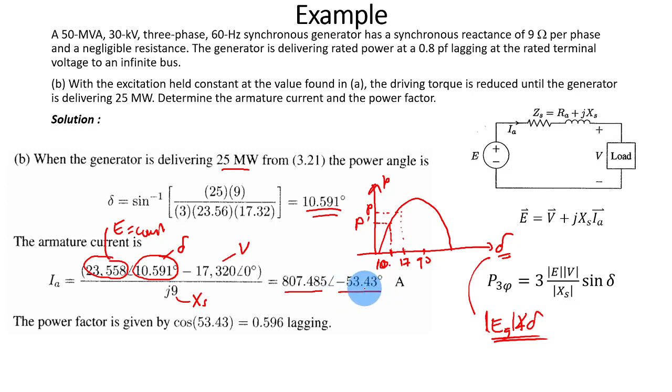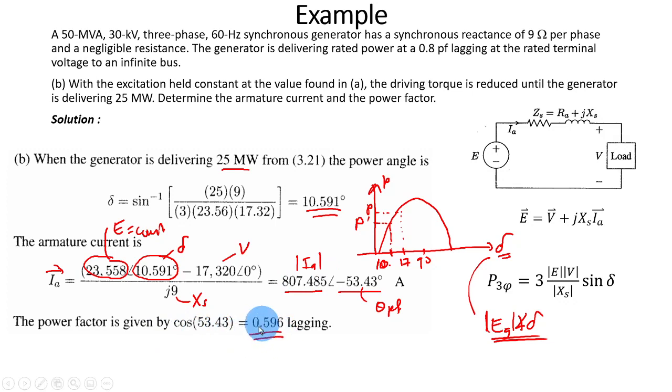So now the power factor is given by cosine theta. If you know the current phasor here, this is the power factor angle theta, and this is the magnitude of the current, IA magnitude. Now the power factor is 0.596.